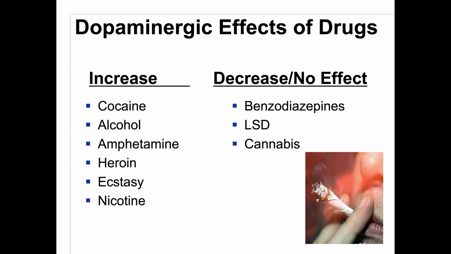In contrast, drugs that do not demonstrate classic addictive pictures have in common the fact that they do not elevate dopamine, or in the case of LSD and cannabis, actually decrease dopamine levels. These drugs cause problems, but they don't cause the automatic craving level problems seen with cocaine, alcohol, and opioid addiction.